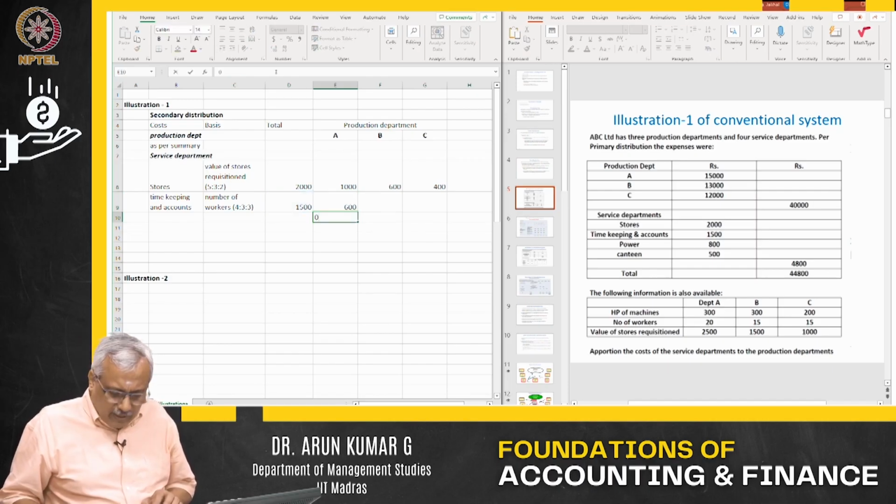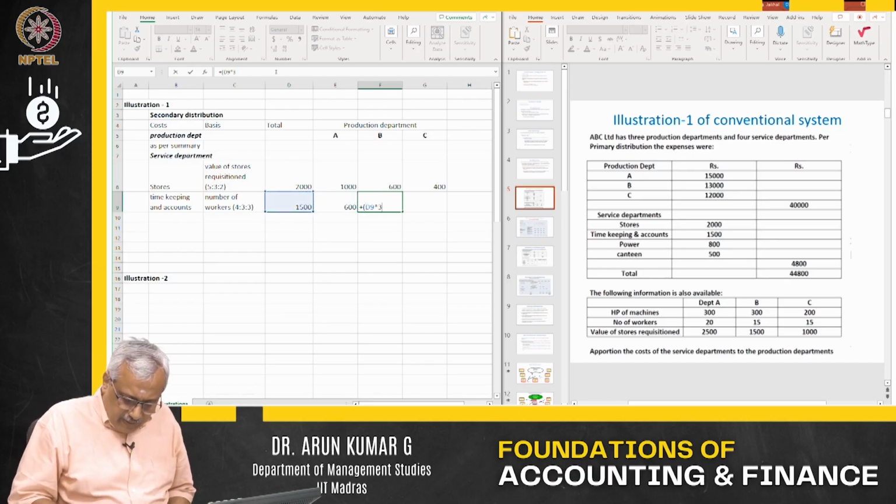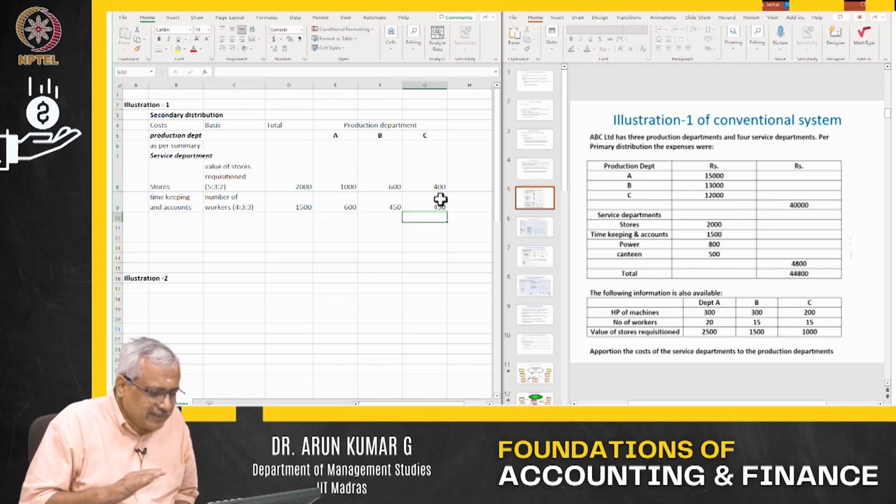And then I will say this amount into 3 divided by 10, and it's exactly going to be the same, because 3 into 3, that is 450. Simple and straight, over.